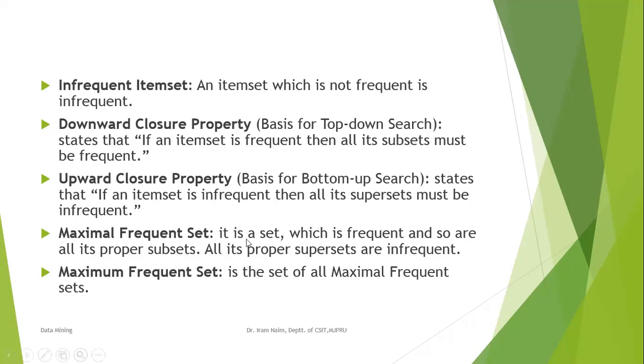This is the last subset which is frequent and so its proper subsets. ठीक है. जो आपकी बॉर्डर लाइन जहां के नीचे वाले सारे फ्रीक्वेंट होंगे और उस बॉर्डर लाइन के ऊपर वाले सारे इनफ्रीक्वेंट होंगे, तो वो जो बॉर्डर लाइन होगी, that is called maximal frequent set, कि जिसके नीचे के सारे फ्रीक्वेंट होंगे और उसके ऊपर के सबसेट सारे इनफ्रीक्वेंट होंगे. That border line is called your maximal frequent set.